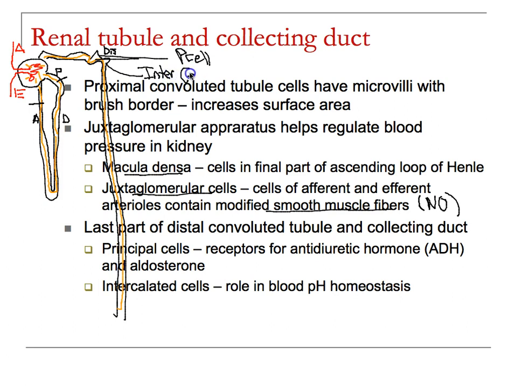Intercalated cells. Right? And what's going to happen is these are going to be the receptors. So these cells are the targets of ADH and aldosterone.